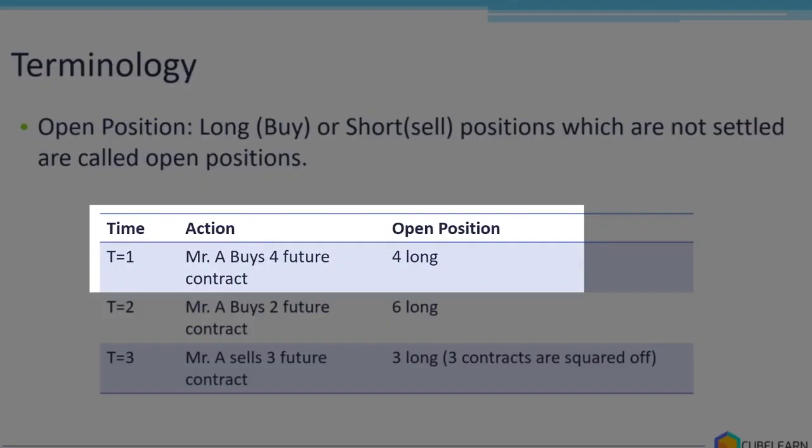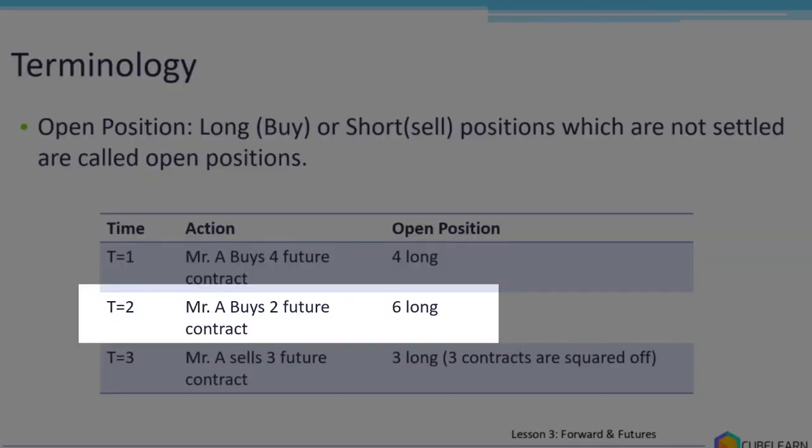In this example, on day 1, investor buys 4 futures contracts and the open position at the end of day 1 is 4 long. On day 2, another 2 futures contracts are purchased. End of day, open position is 6.